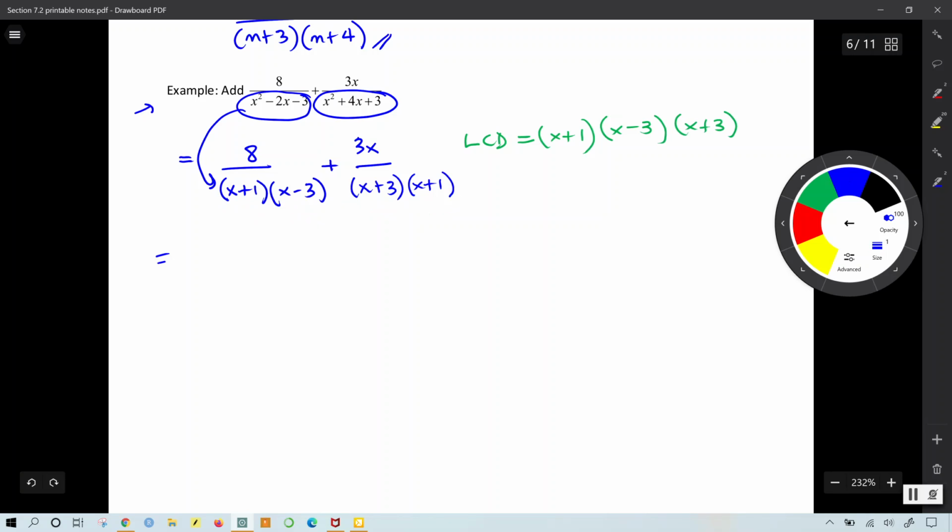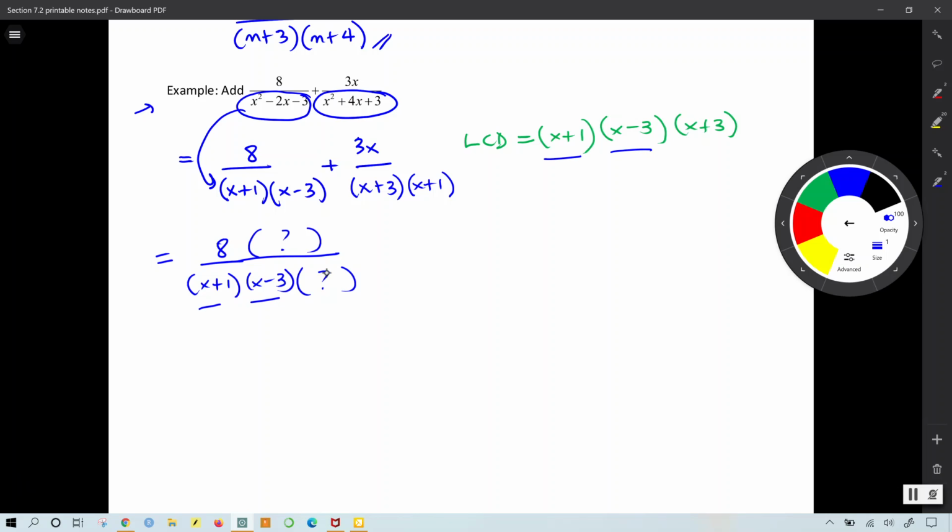And from that level, we are ready to say that 8 over x plus 1, x minus 3 needs an extra component. We already have x plus 1 and x minus 3. We only need x plus 3 for this extra component to be complete.